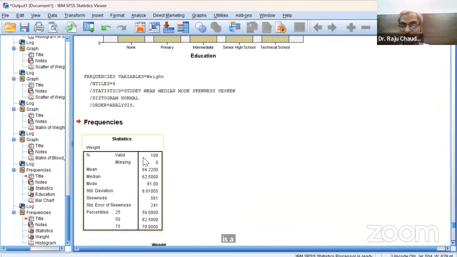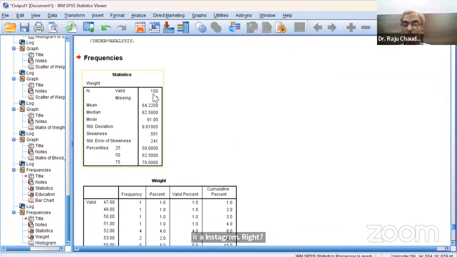We have the summary statistics. Look at this: valid observations 100, mean weight, median weight, modal weight, standard deviation, and these are Q1, Q2, Q3.